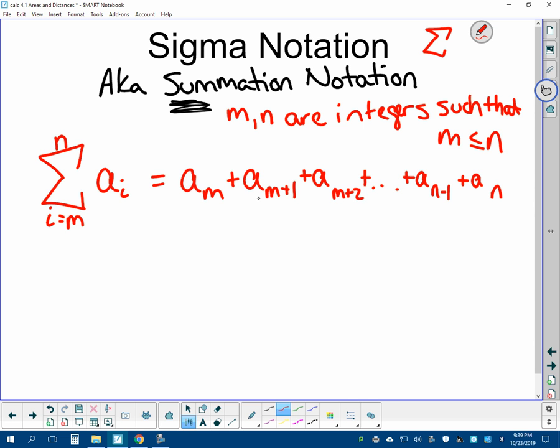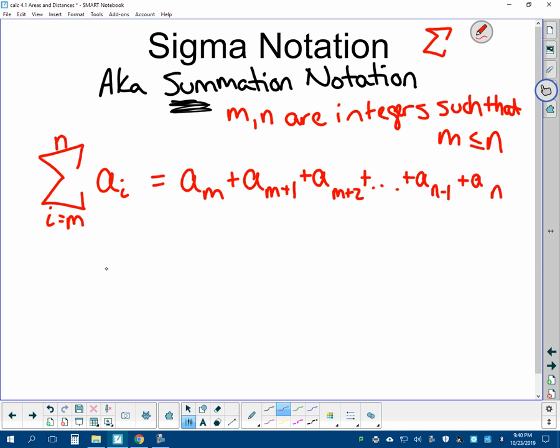If you haven't seen this type of notation, as you're counting up here, it might not make a whole lot of sense, but if you've seen it before, hopefully it should. But let's do an actual example. So this is the general definition of what sigma notation is.